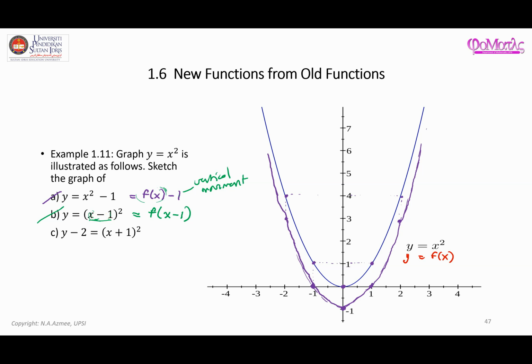For example, this point here will be shifted to this point. This one will be shifted to this point, so it goes in this direction. 1 unit, this one will go over here.